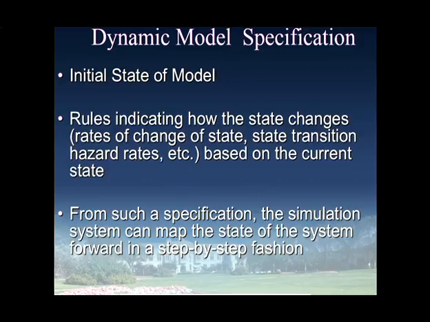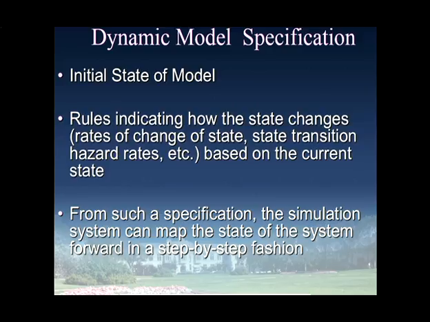So given where you're at now, how is it going to change in coming days, weeks, minutes, or what have you, depending on the scale of the model? Depending on the current state, how is that going to lead to changes down the road? And as we'll see, the three types of modeling that we're going to be looking at provide different ways of characterizing these transitions, but they base it on the current state. Okay?